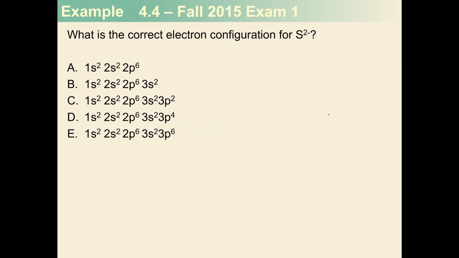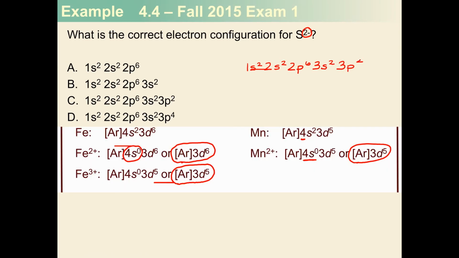So let us look at sulfur. What is the correct electron configuration for my sulfide ion? We'll notice that it has 2 extra electrons because it is 2-. So as we're looking at this example, we know that we would have 1s2, 2s2, 2p6, 3s2, and finally, our ground state would be 3p4.